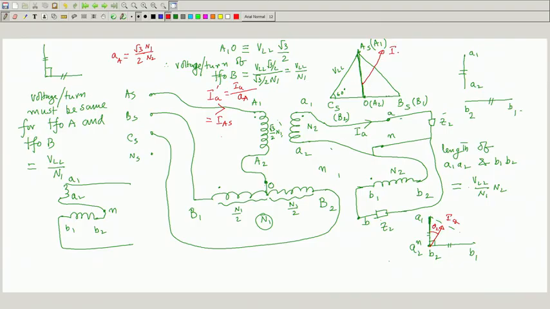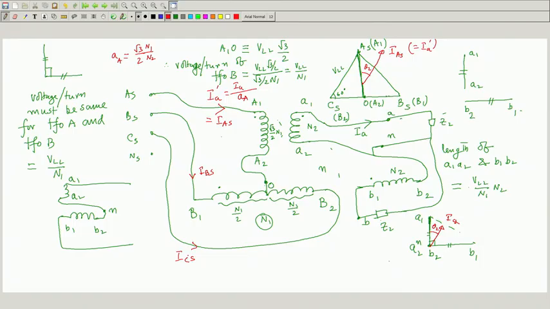This is your I A S, which is the same as what I am calling I A dash, and this angle will be theta 2. So, the line current of the primary side I have drawn, but there are two other line currents. Let this line current be I B S, that is how in a 3-phase system I show, and let this be I C S. Okay. Now, I must find out in terms of the secondary current what will be the value of I B S and I C S.